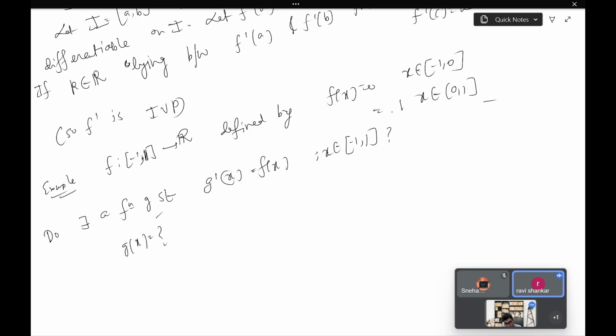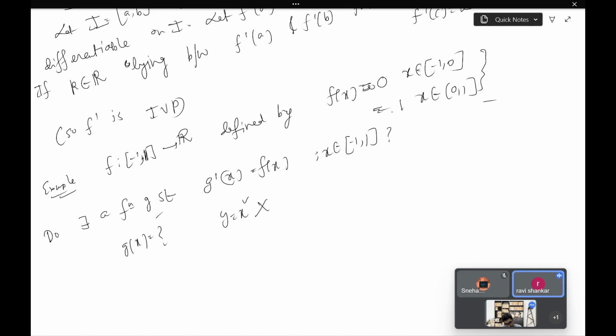Sir, y equals x squared. So f(x) is 0 when x is in [-1, 0], and f(x) is 1 when x belongs to (0, 1]. So y equals x squared does not meet this condition, right? Correct.